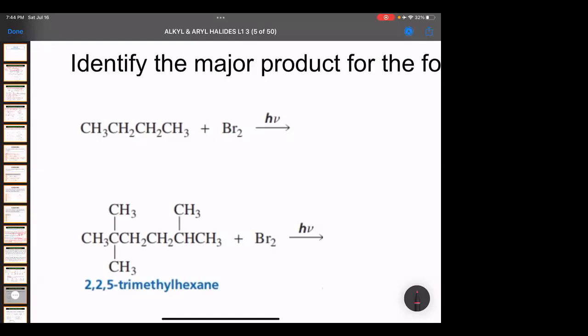So which hydrogen can be abstracted most easily by bromine? The activity order was tertiary, followed by secondary, followed by primary. So secondary can be abstracted most easily. And bromine being very selective, this is the major product, 2-bromobutane.